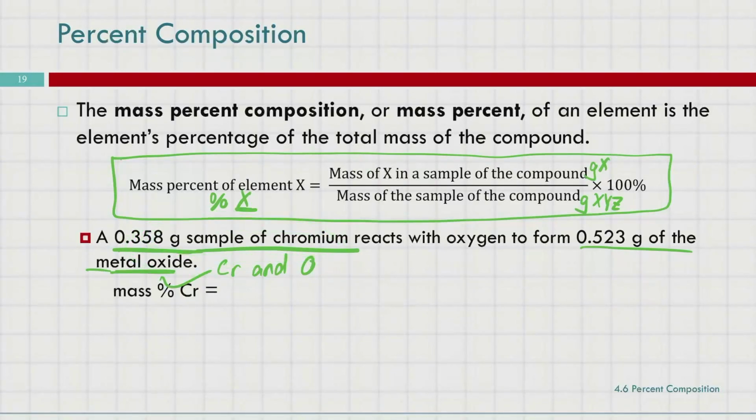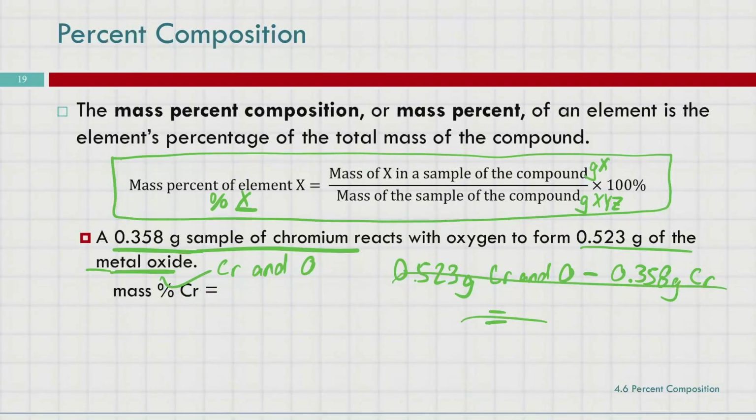That will tell us the mass of the oxygen. This is what we did yesterday in lab. So 0.523 grams chromium and oxygen, subtract out the 0.358 grams of chromium, and that'll give us our, oh, just kidding, we don't need that because we're not calculating mass percent of oxygen.